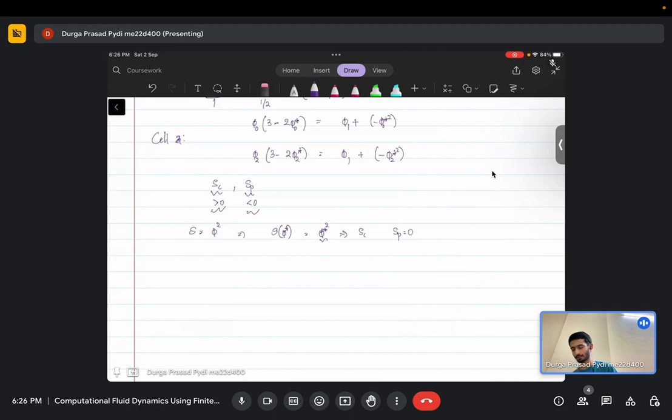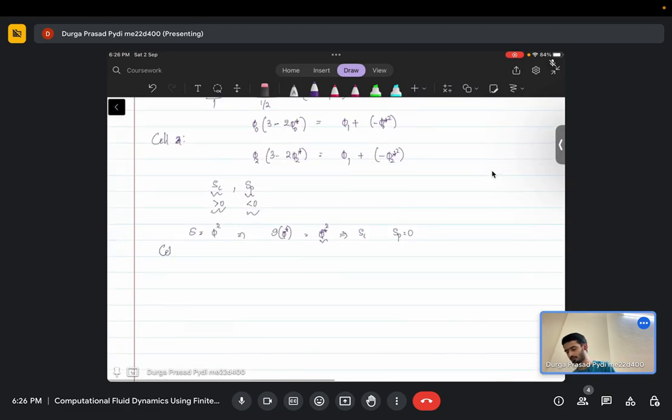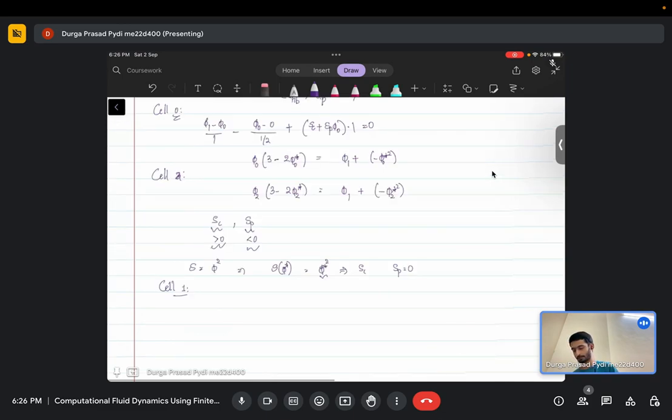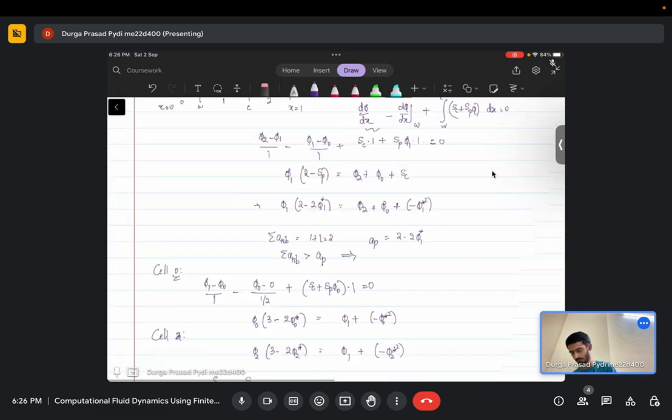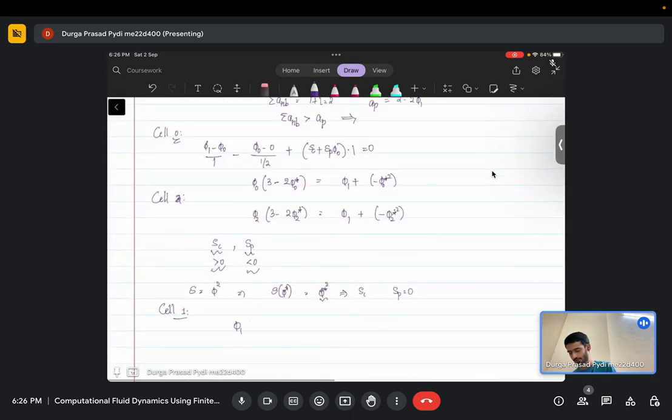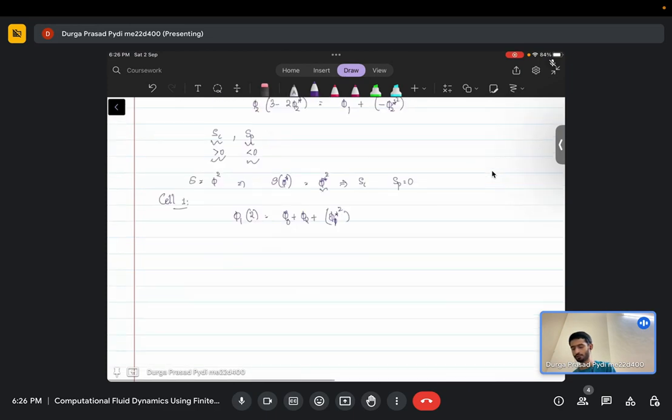So in that case, for cell 1, your equation will be phi 1, with SP essentially 0, equals phi 0 plus phi 2 plus a source term of phi 1 star square. Now if you check the Scarborough criteria, sigma A and B equals 2 and AP is also 2, so your equality is satisfied.